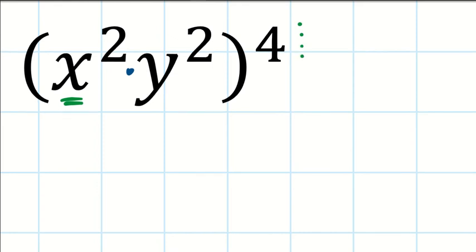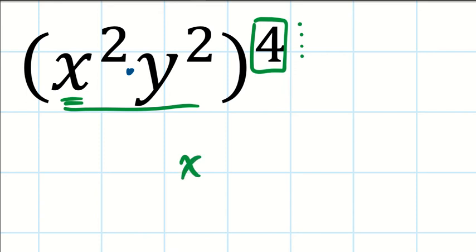I would have 8 factors of x because I have exactly 4 of these groupings. Well, probably a shortcut would be this is x to the 8th power times y to the 8th power. And if you want, you can verify this by writing out the 4 factors of x squared y squared, and then counting the fact that, yeah, there really are 8 factors of x there.